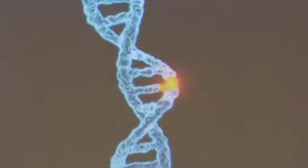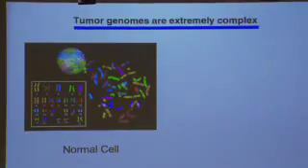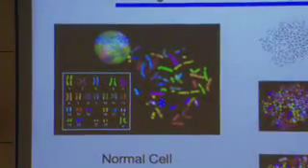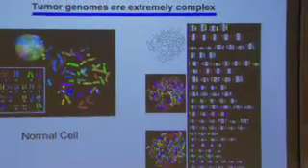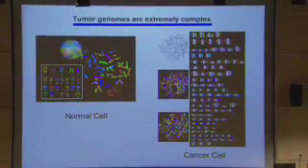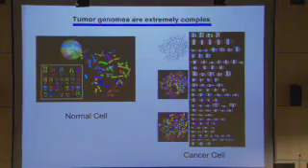Unfortunately, that turns out to be a very difficult process, and that's because tumors are very complex genetic organisms. This is a spectral karyotype of a normal cell showing these matched pairs of 23 chromosomes, and this is a karyotype from a cancer cell, which, as you can see, is extraordinarily complex. There are many copies of many chromosomes, so you can have 8 or 9 copies of the same chromosome.